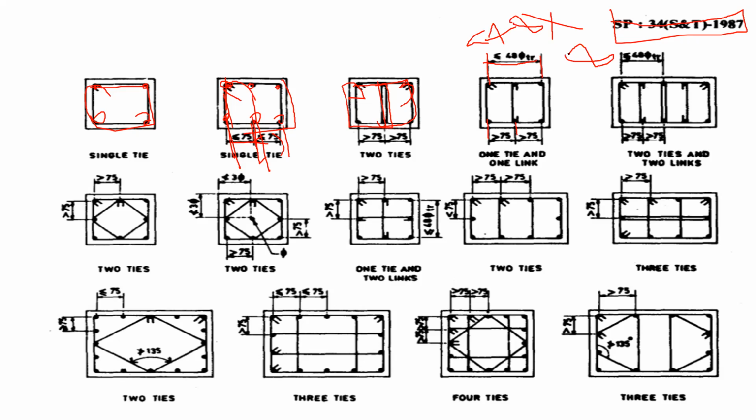Let us say you have provided an 8 mm bar. 48 into 8 comes out to be 384, so let us say this dimension is 500. So this 500 is greater than 384. In that case, in the center region, we need to give a link, something like this. We have to give a link like this. I'll try to erase that again.